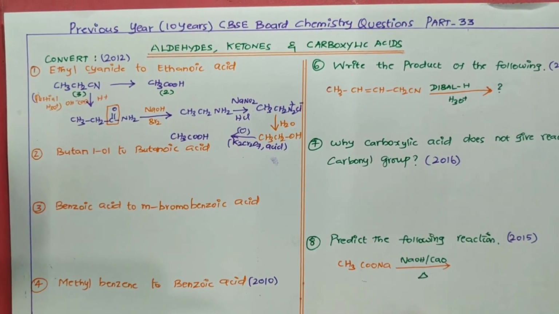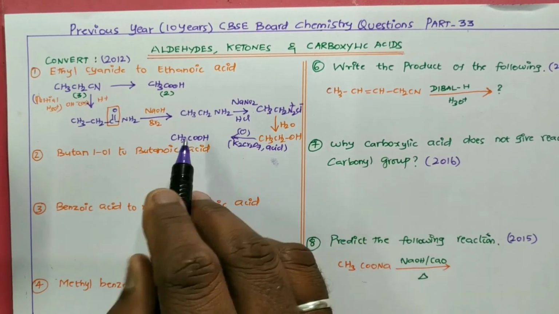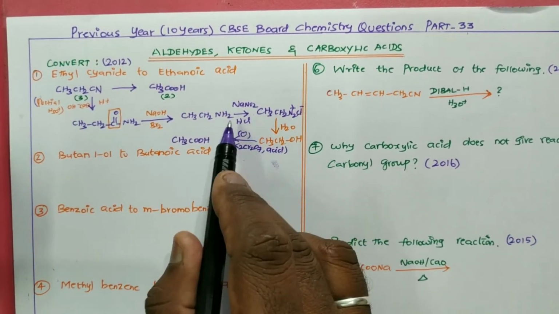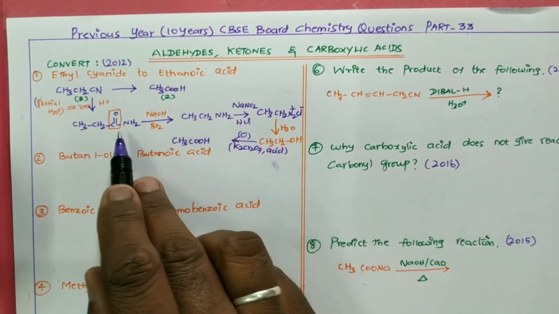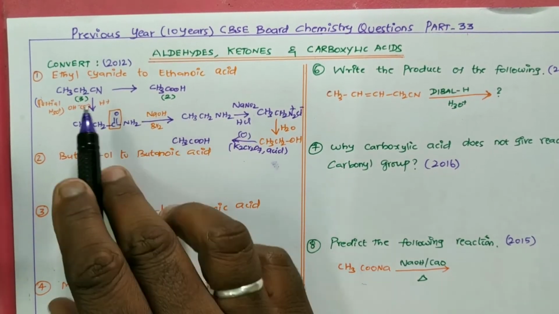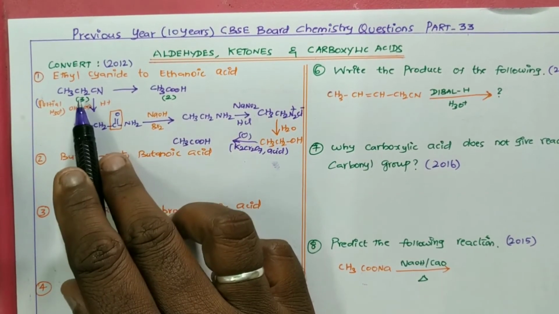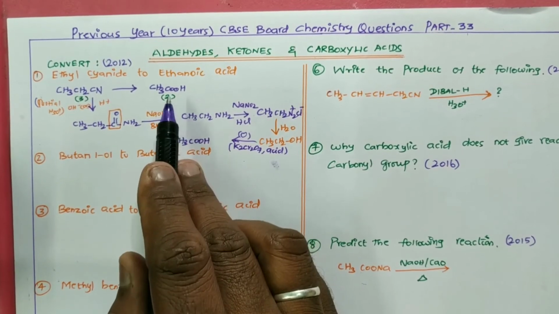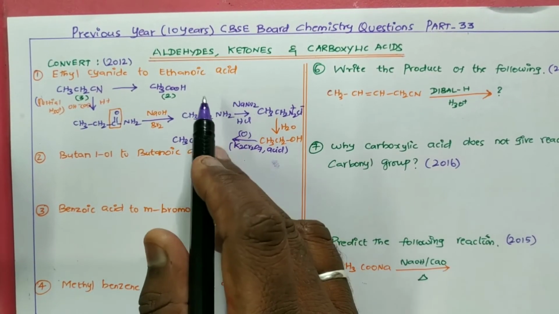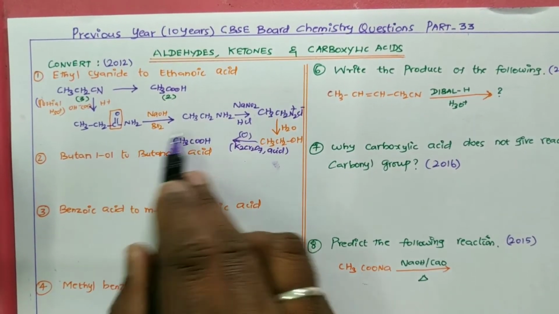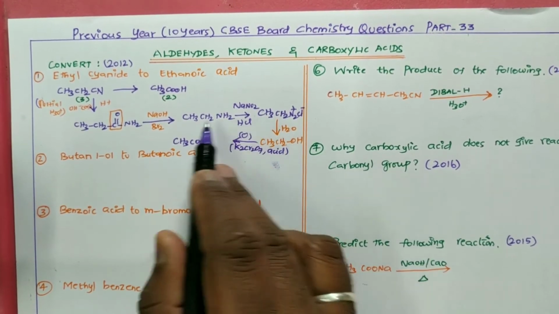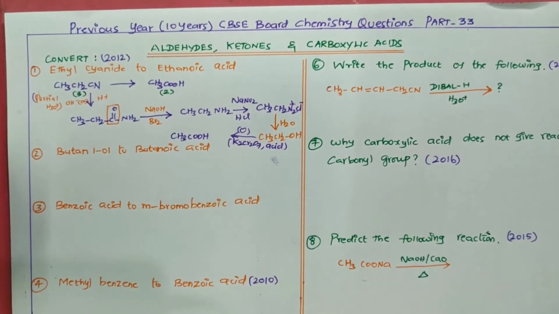Are you able to understand, students? This is very easy, but we have to do it very carefully. Here in the conversion, we have to reduce the number of carbons. Here a 3 carbon atom containing reactant is there, but I have to convert it into a 2 carbon containing acid. For that we have to reduce one more carbon atom, so in that way I used Hofmann bromamide degradation.